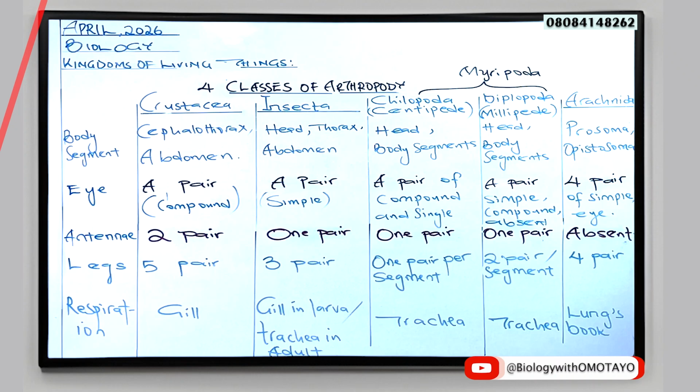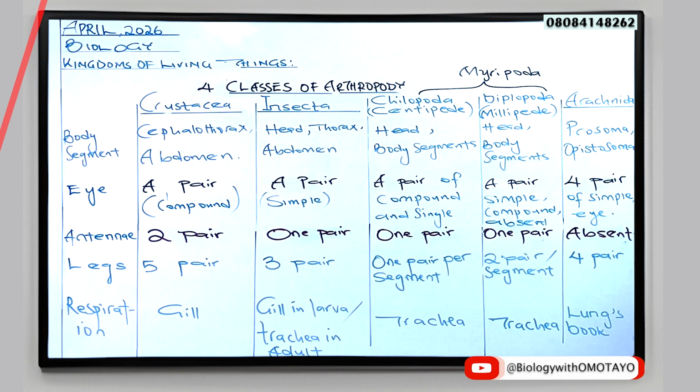So, a quick one. Using these classes, we will be looking at a couple of features that differentiate one from another. As you can see projected here on the board, we have body segments. For crustaceans, the body is always split into what is called the cephalothorax and the abdomen. While for insects, you rather have head, thorax, and abdomen.